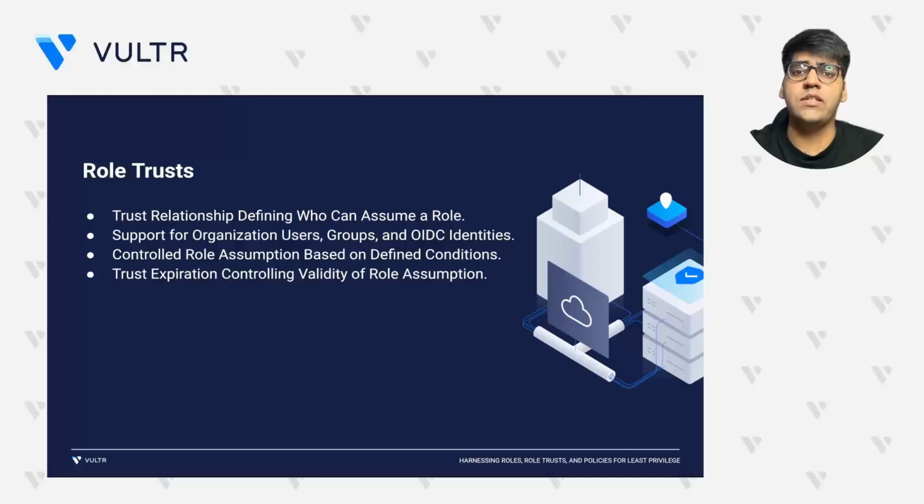Role assumption itself can be controlled based on desired conditions, whether it happens automatically or requires manual action, and can be limited through session durations to ensure access remains temporary. Additionally, trust expiration allows you to define how long this relationship is valid, ensuring that role assumption is tightly controlled and does not remain open any longer than intended.